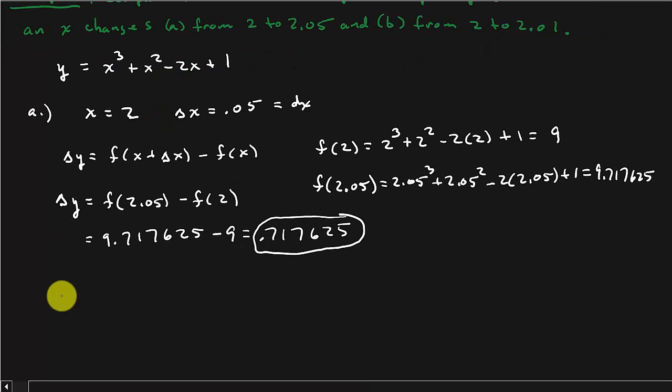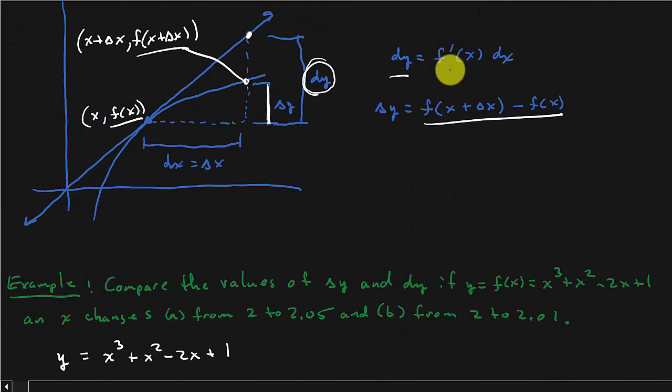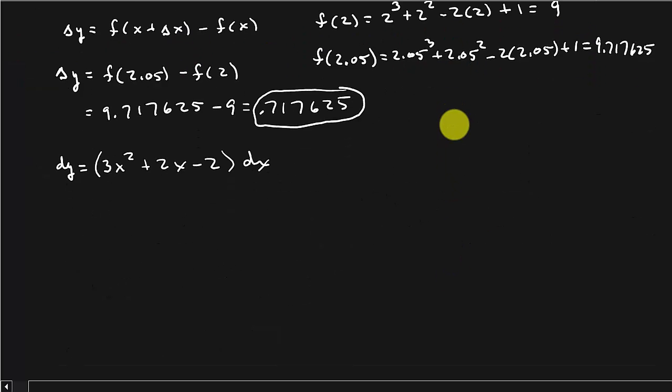Now let's find dy. So dy is equal to the derivative of this, which is what? 3x squared plus 2x minus 2, times dx. Remember, dy is the derivative of the function times dx. So I took the derivative of f of x and then times dx.